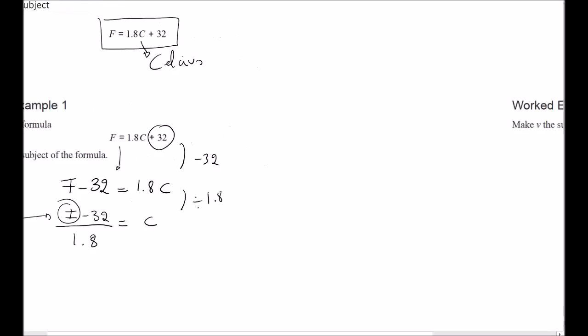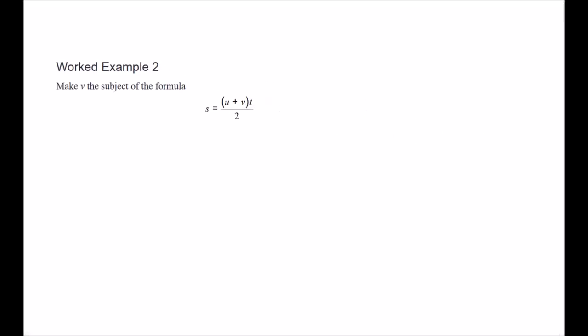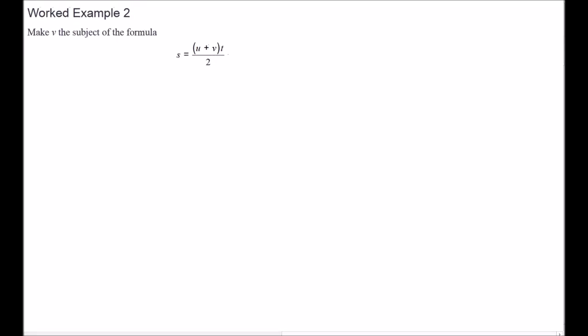All right, another example of rearranging the formula or making another variable the subject of a formula is this. You have to make v the subject of this formula. Now this is a bit tricky because v is inside my bracket and it is involved in an equation like this, or in a fraction, sorry. All right, so how am I going to get v out of that?